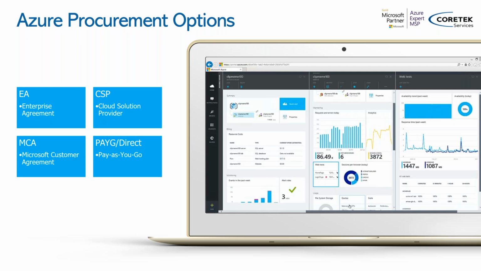And then MCA is a newer model called the Microsoft Customer Agreement. This is a way that an organization can go direct to Microsoft instead of going through an EA, in a different direction, and still do the invoicing and that type of thing through their organization.